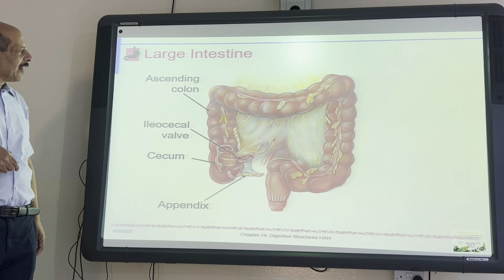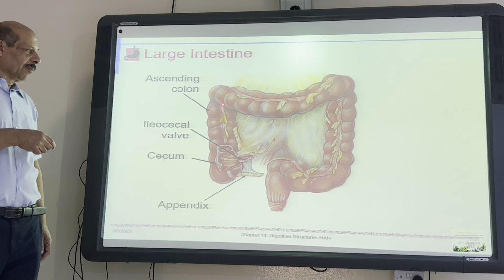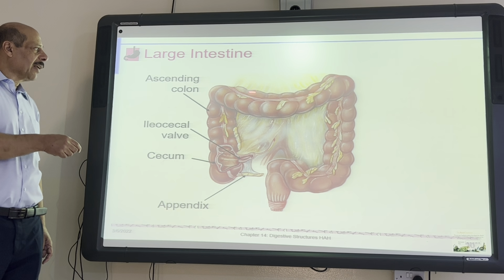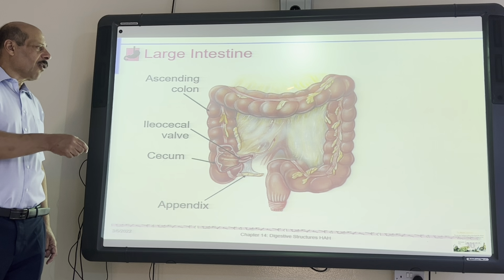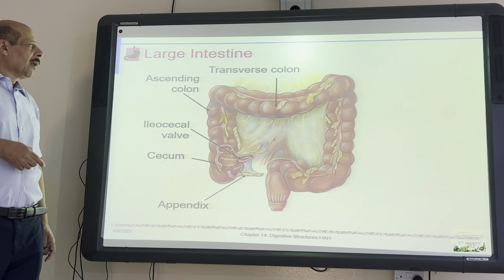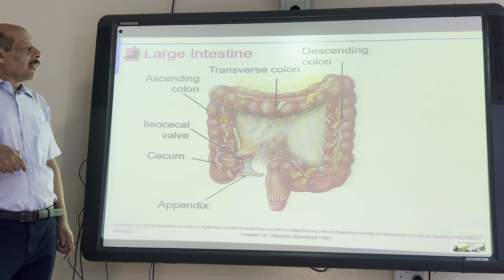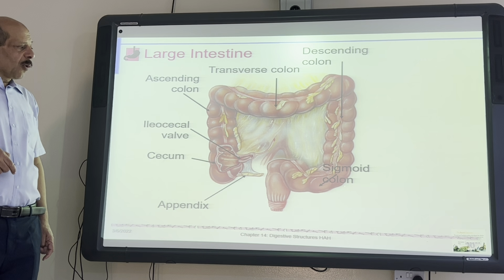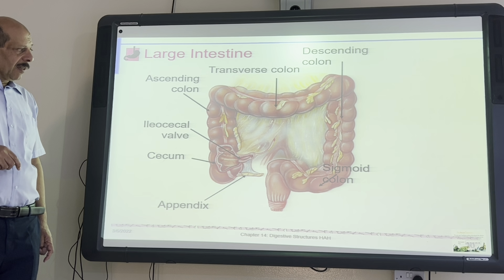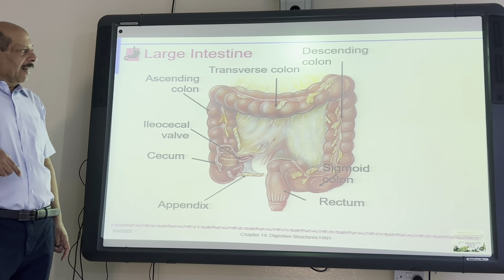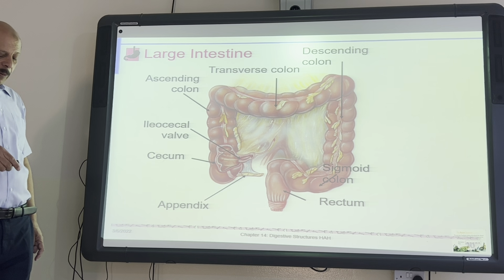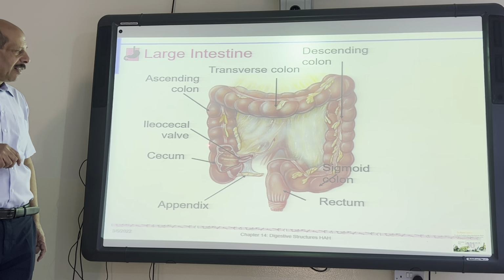This is the ascending colon. So it is mainly from cecum, ascending colon, then transverse colon, and this is the descending colon, then sigmoid colon and the rectum.